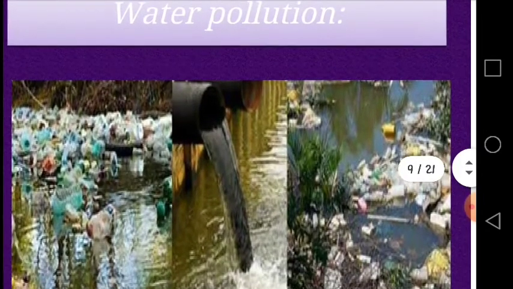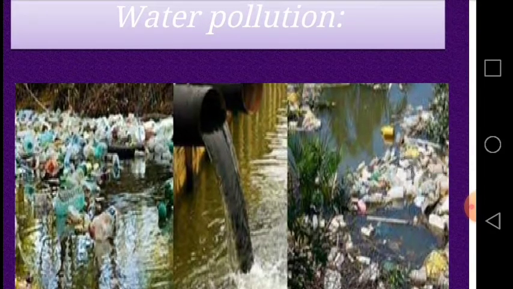As you know, students, what is water pollution? Any substance, either physical, chemical, or biological, which is present in the water and has an adverse effect on life, that is called water pollution, and such substances are called pollutants.